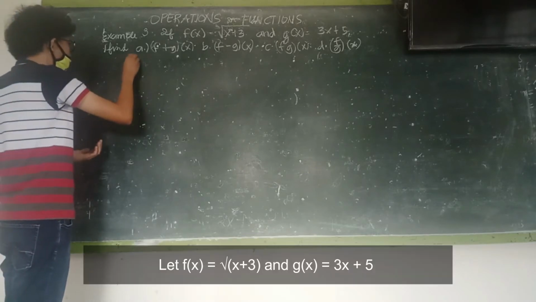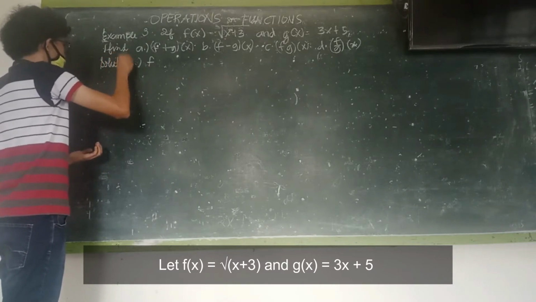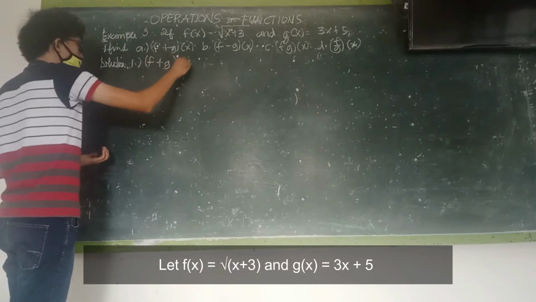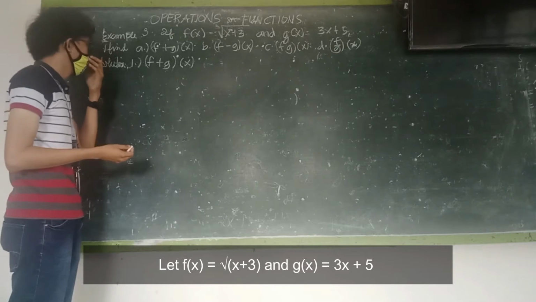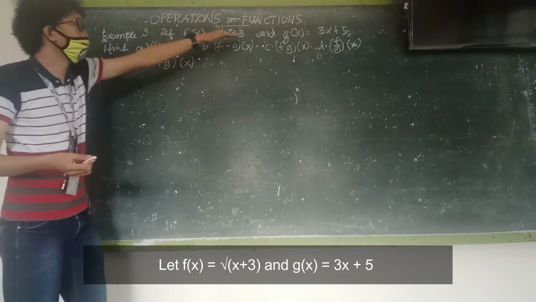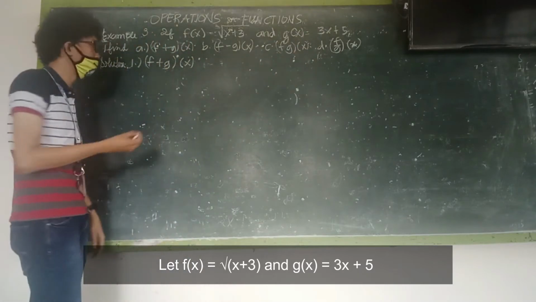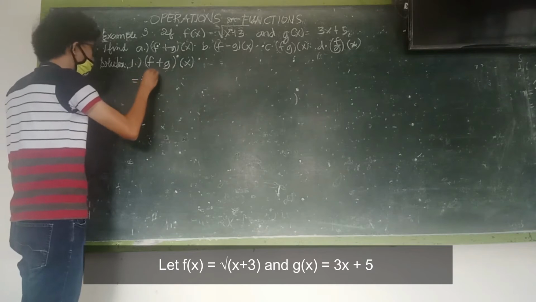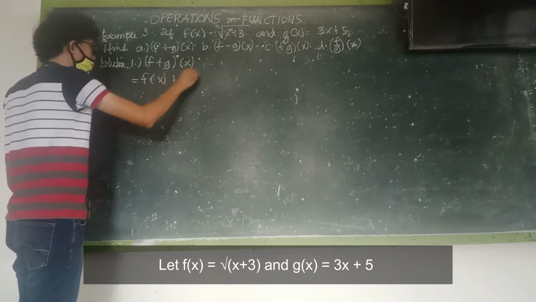We have, for number 1, the solution first. F plus g of x. So what we are going to do is add square root of x plus 3 and 3x plus 5. We are given two functions. So f plus g of x is actually equal to f of x plus g of x.